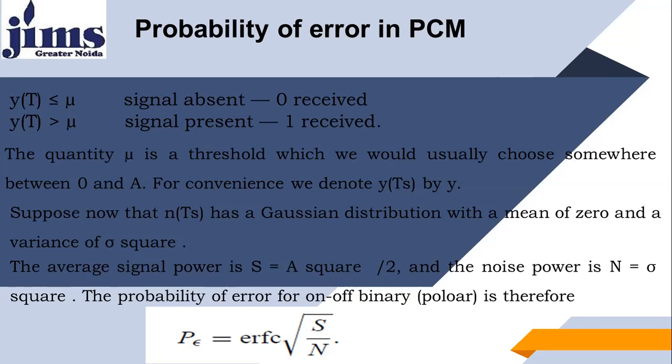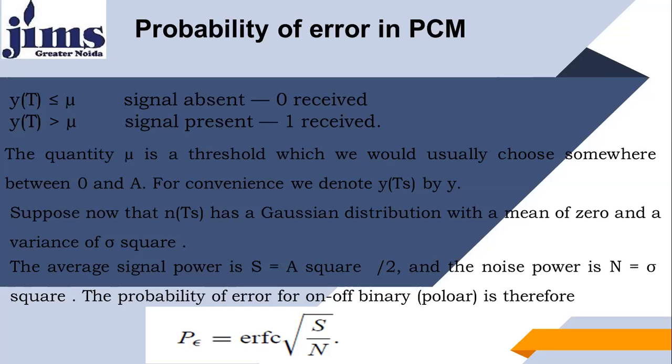If you square the voltage, that becomes power. Actually, it is the RMS value squared: the RMS value is A by root 2, and if you square it, it becomes A square by 2. And noise power N is represented by sigma square.